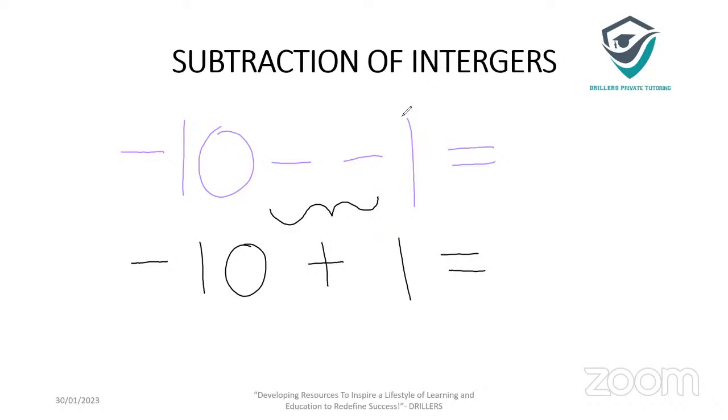So 10 take away 1 because it's different signs. So we're going to subtract. 10 take away 1 gives us 9. And we're going to keep the sign of the larger number. So the larger number is -10. So we're going to keep the sign. So our answer is going to be -9.